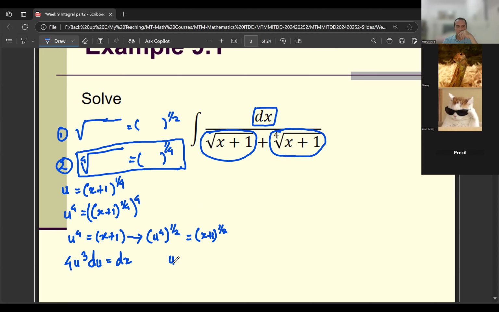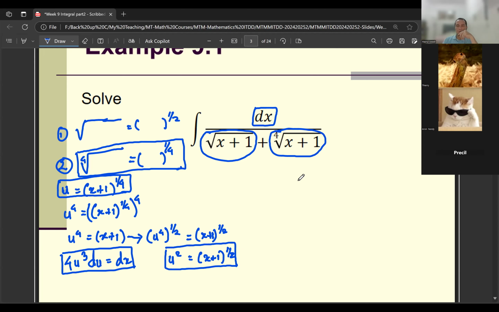So we have u squared is equal to (x plus 1) to the power 1/2, or a half. So this is our substitution, and the square root of x plus 1 must be u squared.